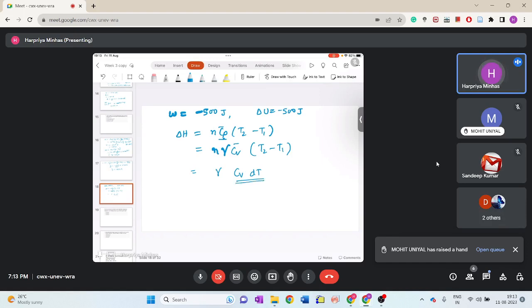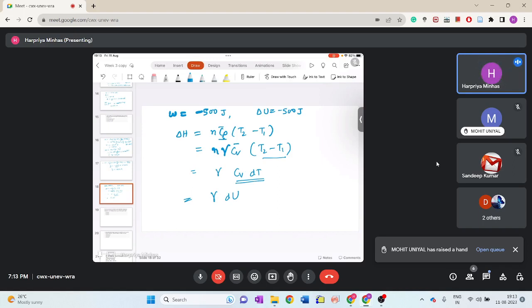So now can we write it in this way? This is delta T. Now converting this Cp in terms of Cv, and this is a molar quantity, right? Now cancelling the n, we are getting Cv into dT, which we name as dU.